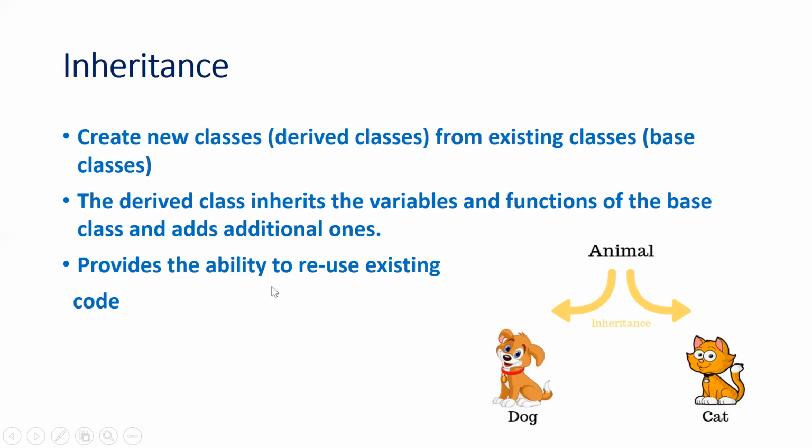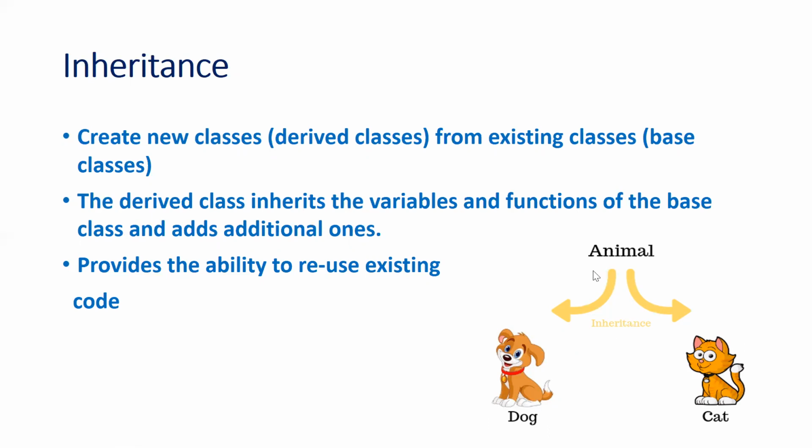Now come to inheritance. Inheritance means, if we see the example, we inherit from our parents. This is an image of a dog and this is a cat. Both of them are animals, so they inherited from the animal class.